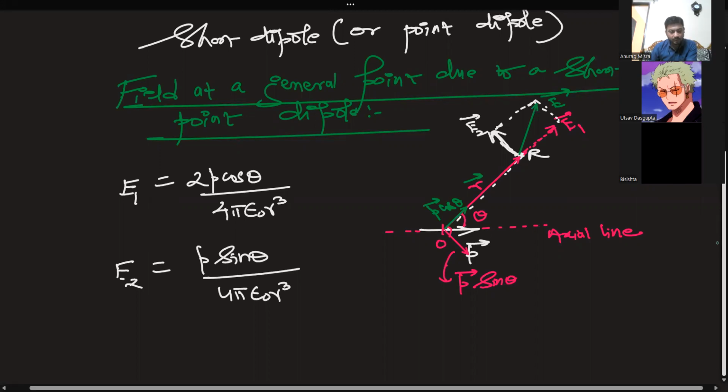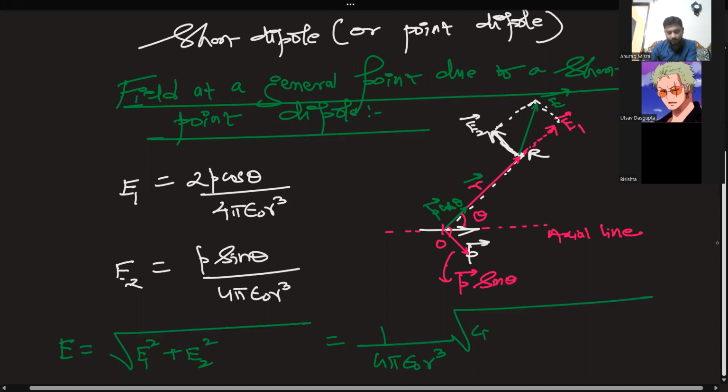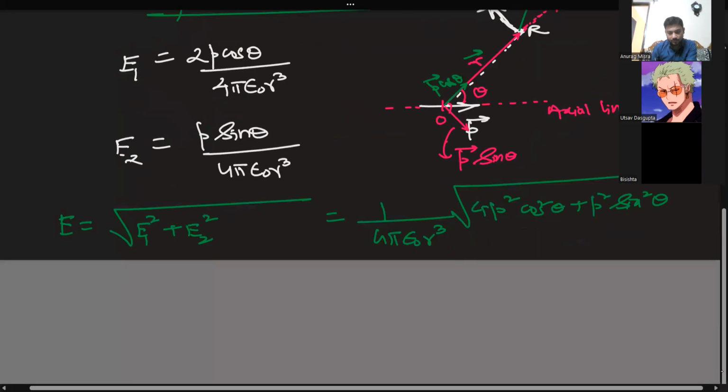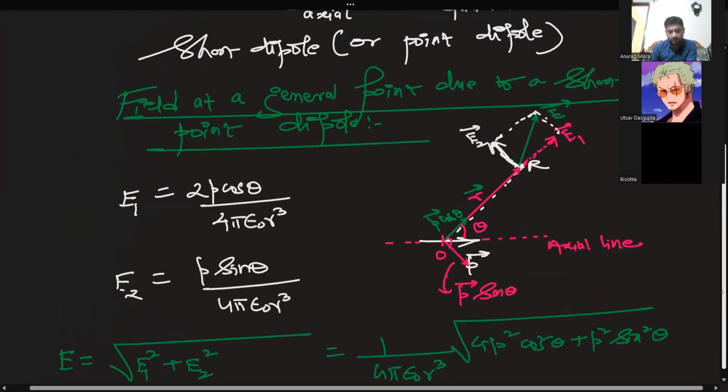So obviously E कितना हो जाएगा? Magnitude of E will be root over of E1 square plus E2 square, कि दोनों के बीच में angle 90 degree है. So if you solve it, you can keep out 1 by 4 pi epsilon naught r cube outside. तो अंदर क्या बचेगा? Root over of 4p square cos square theta plus p square sin square theta. ठीक है? Understood?